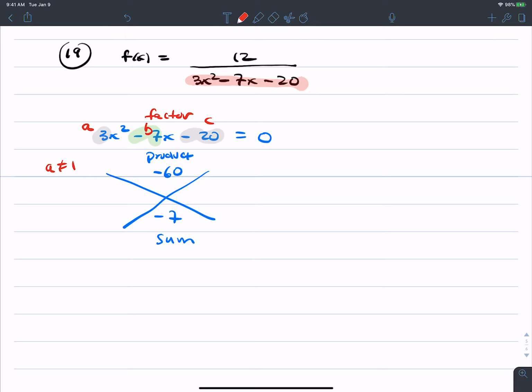This is still my b term, and so we're going to try to factor here using our X technique. So I need two numbers multiplied together is negative 60, but when added is negative 7. We can think of maybe 12 and 5, that's positive 60. So we might want to try negative 12 and positive 5, because negative times a positive is in fact negative. And negative 12 plus 5 is negative 7 here.